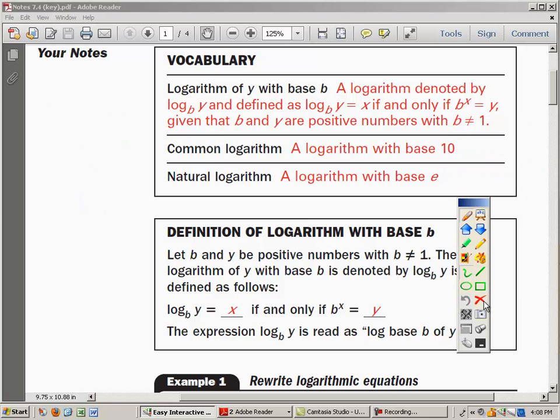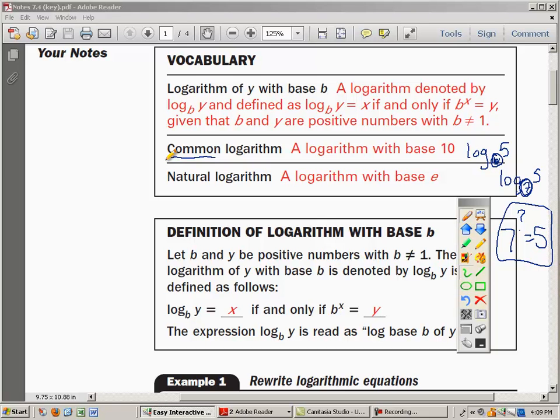So if you just see log of, say, 5, we're assuming that that's base 10 because we're not giving a number there. If it's anything else, like log base 7 of 5, that says 7 to what power is equal to 5. Again, that's not a very pretty answer, but the bottom line is that unless we give a base, we're assuming that it's base 10 because it's a common logarithm.